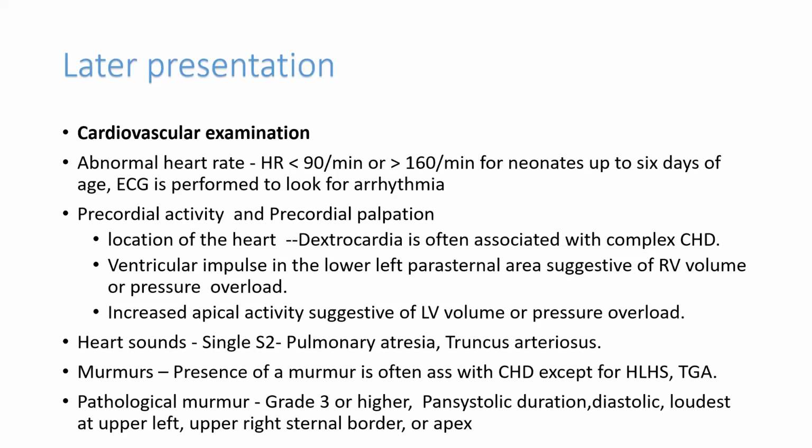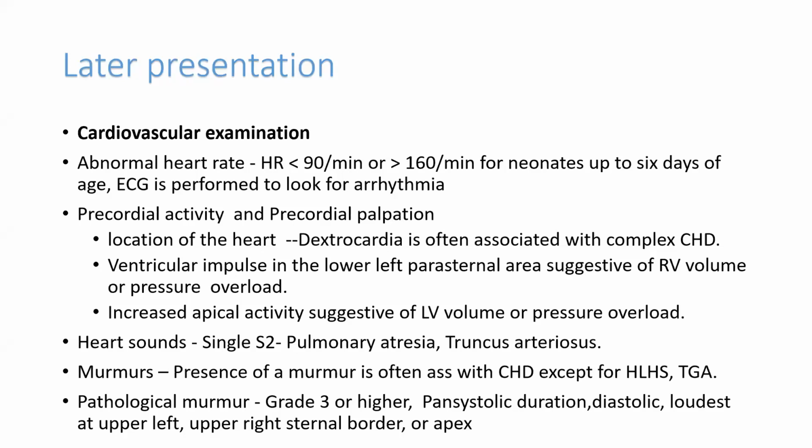A tool we also need to increase its utility is an ECG. It can also pick out arrhythmia, and we are going to see its utility as we continue with this discussion. Precordial activity: if the heart is on the right, what we call dextrocardia, there might be other associated complex congenital heart defects.